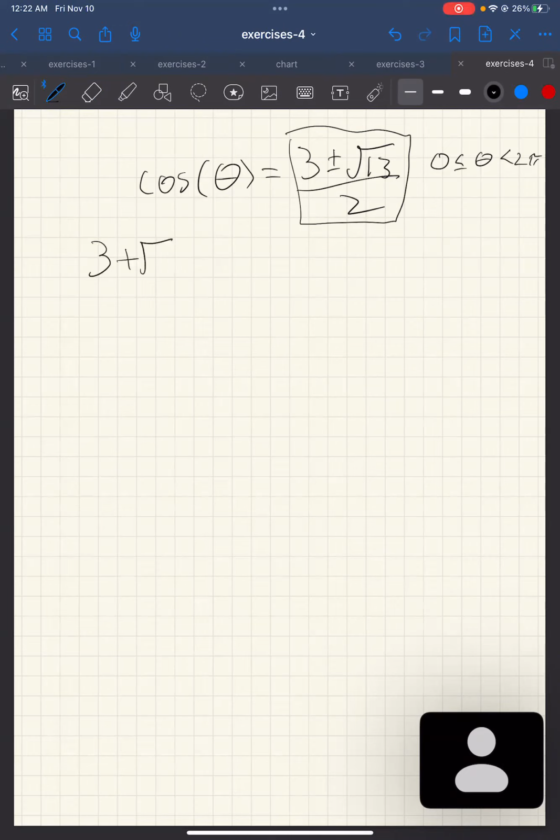Now, 3 plus the square root of 13 over 2 turns out to be bigger than 1. We can do that on our calculator. It's bigger than 1.